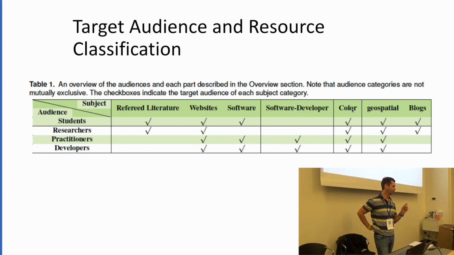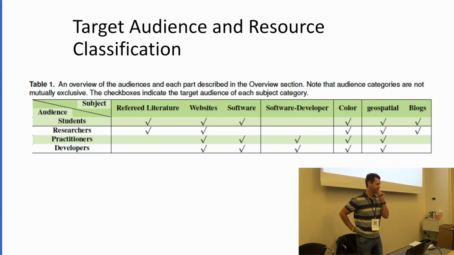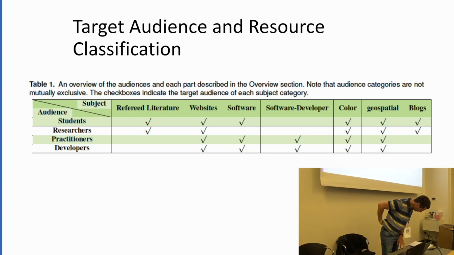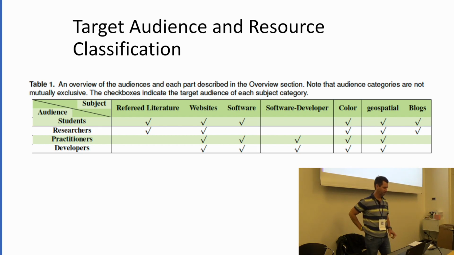We have a special category just for color, a special category just for geospatial, and a special category of blogs. So that's a complete overview of what's out there. And someone was really asking about the software, right? That was Zainab? Yeah, Zainab. That's the category for you.